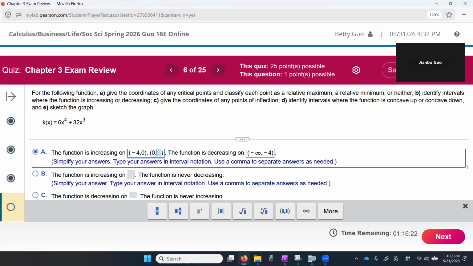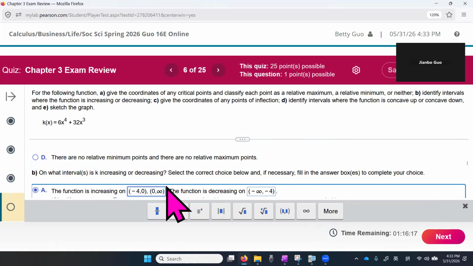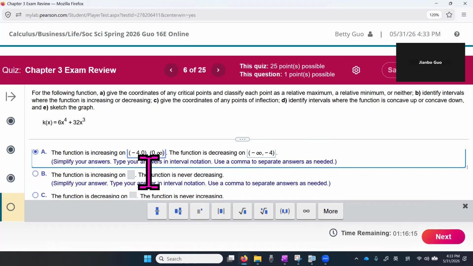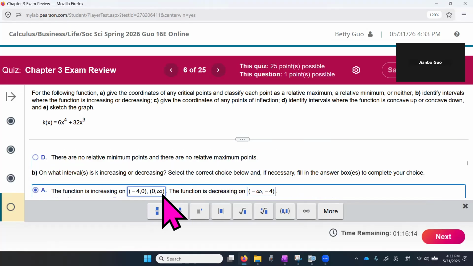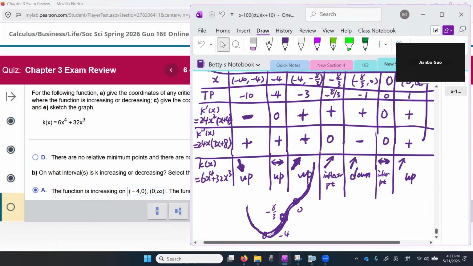Can we just write from negative 4 all the way to infinity increasing? It's actually not wrong, but just in case, we write this to see how the system marks it. So from negative infinity to negative 4, decreasing. From negative 4 to 0, 0 to infinity, increasing. That is consistent with our chart. It has a flat at 0.